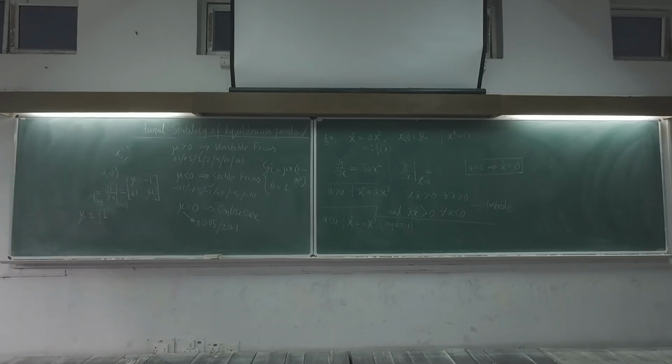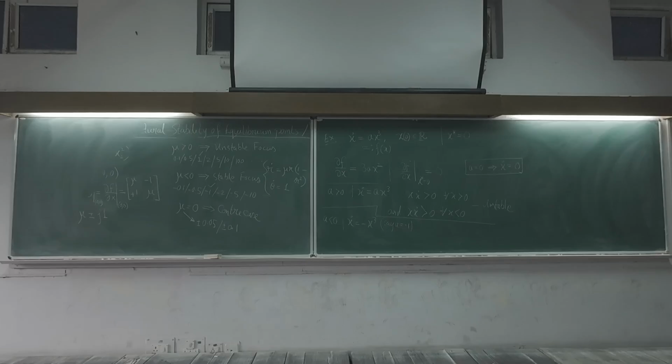You may ask, sir, why you are discussing all these points. The reason is that we need a systematic approach, a clear-cut analysis technique by which we can understand the stability of a nonlinear system without any ambiguity, right?